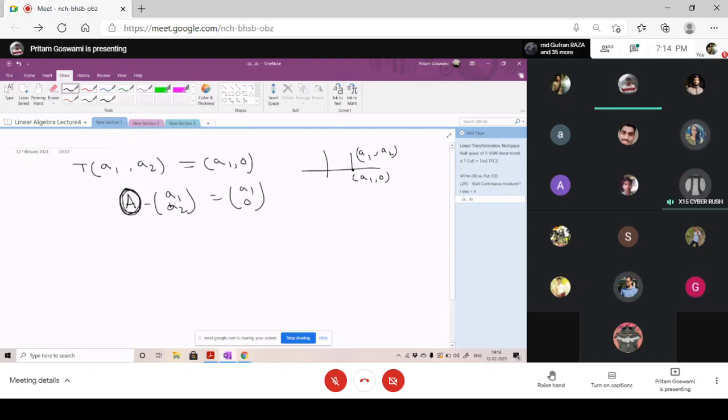There will be a matrix. What will it be? 1 0, 0 0. So it will give you the desired point. So our assumption that a linear transformation is nothing but a matrix grows strong here, right? After this example also.